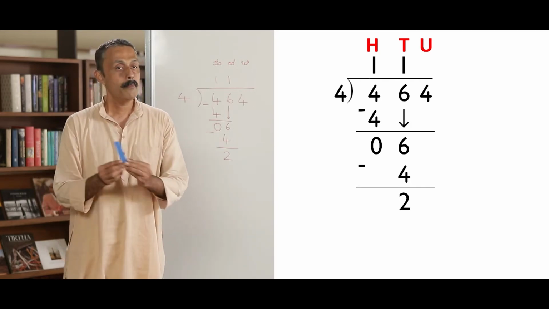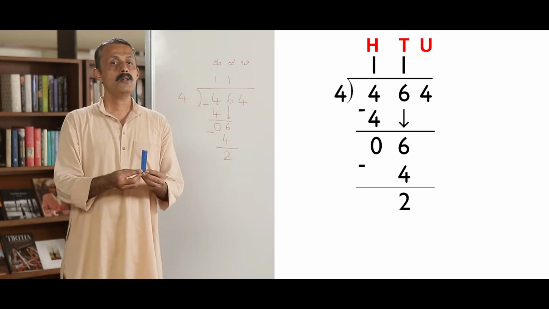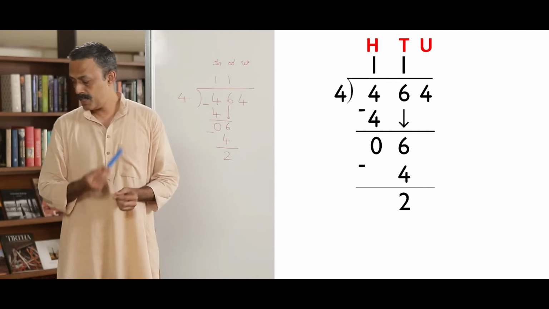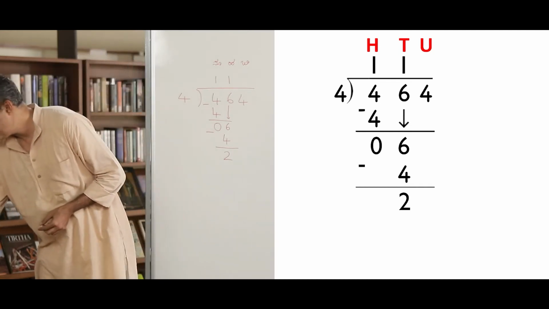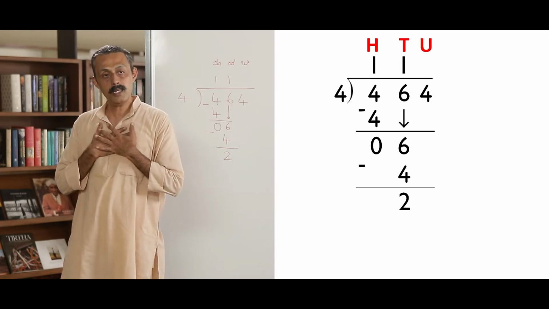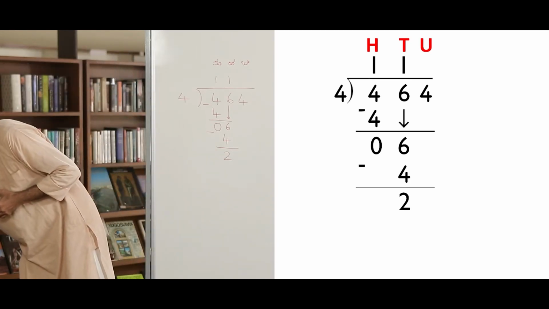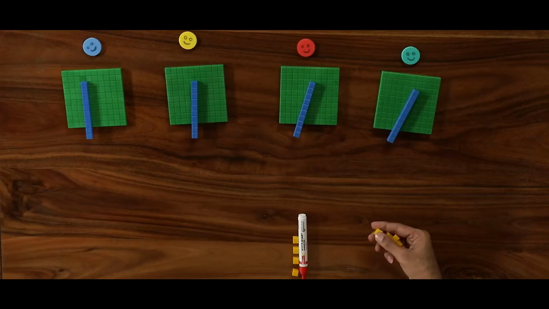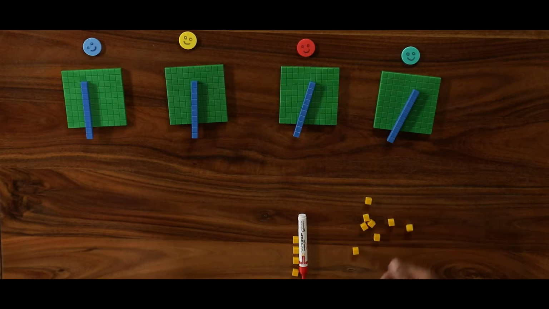If I take these tens to the bank, they will give me change. I will go to the bank. If I give two tens to the bank, what will they give me? They give me the change in units. How many units will they give me? How many units for 1 ten? 1, 2, 3, 4, 5, 6, 7, 8, 9 and 10.